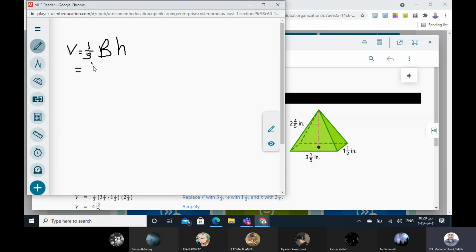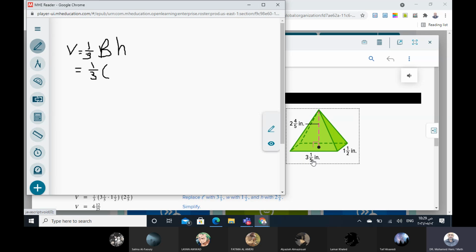So we have here 1 over 3 multiplied by the area of the base. The base will be a rectangle: length times width. As you see here, the length is 3 and 1 over 5. This is a mixed number.